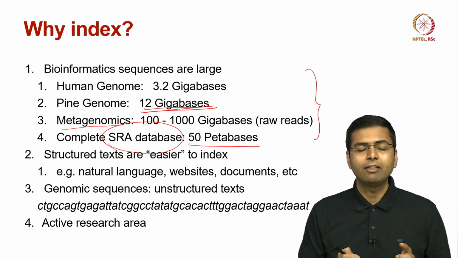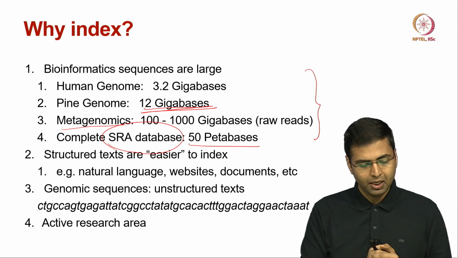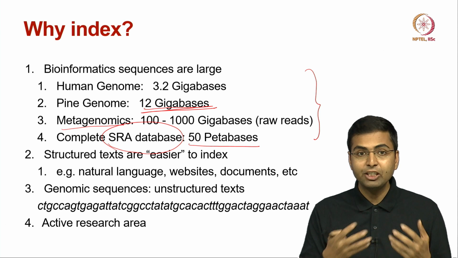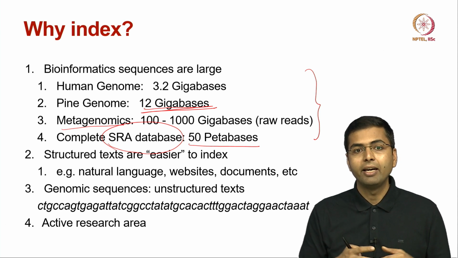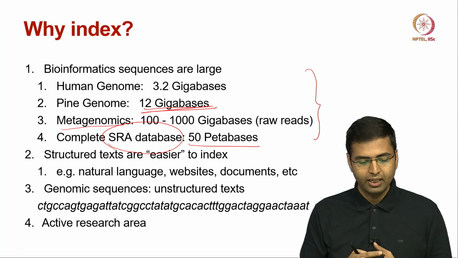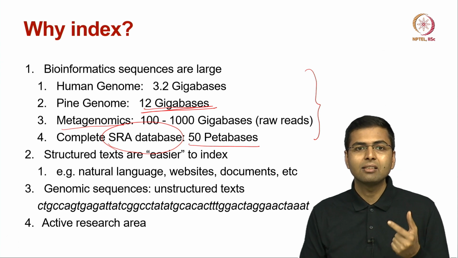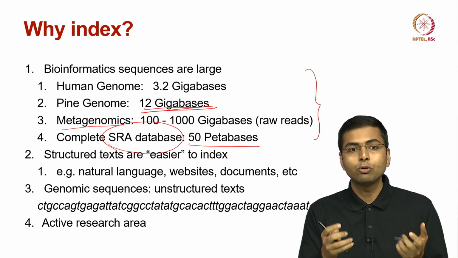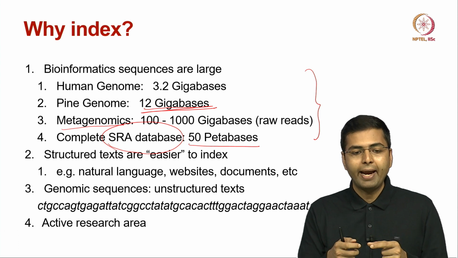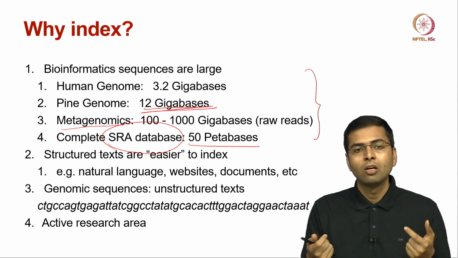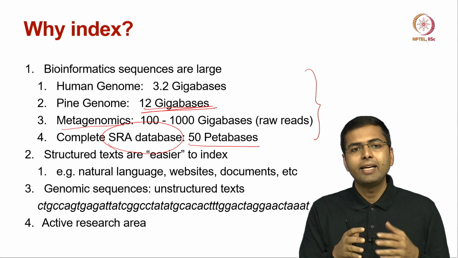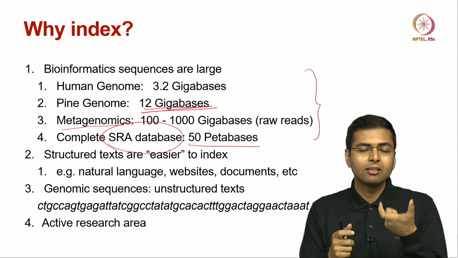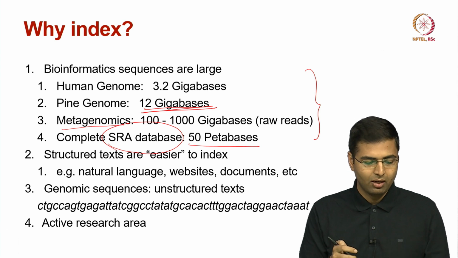Now, one thing that we should say here is that structured text, for example, natural languages like English text, websites, English documents, textbooks, is relatively easier to index, because the text is structured in terms of English words and those words have certain grammar. So, there the indexing strategies are relatively different and we can tokenize the document in terms of words.